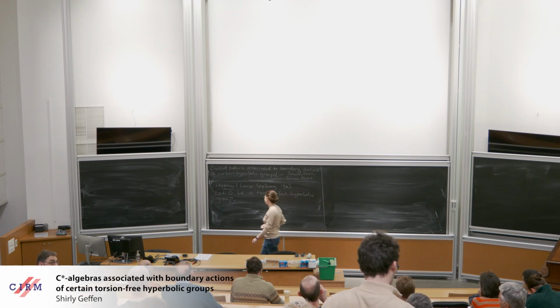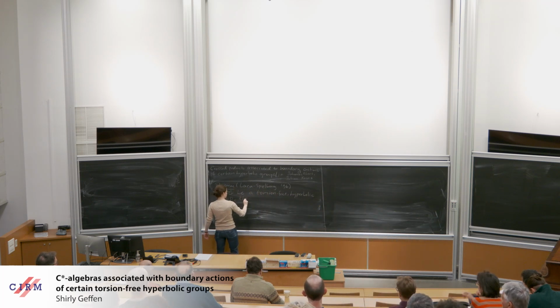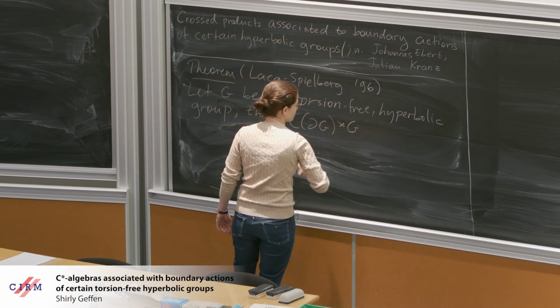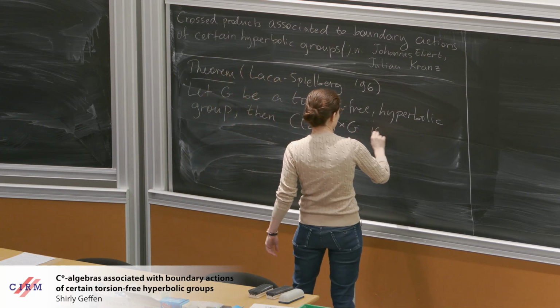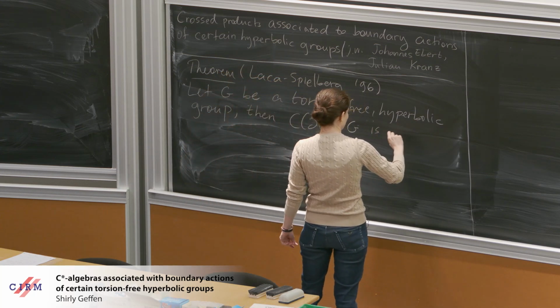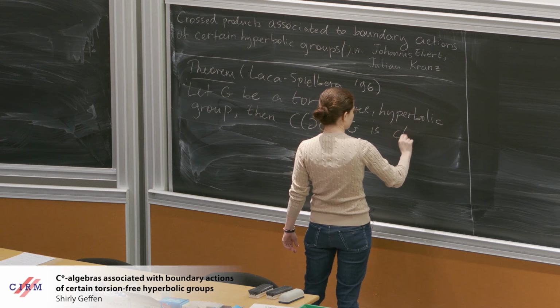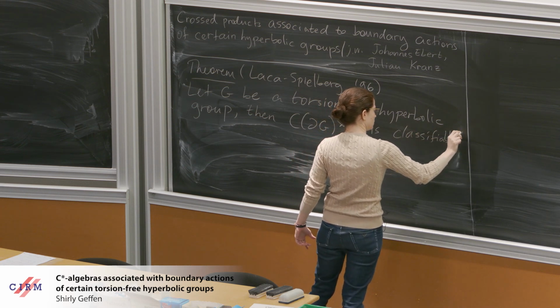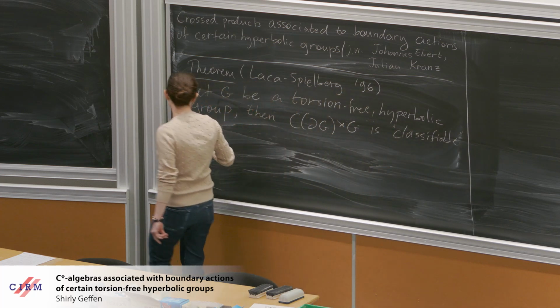So then the cross product C-star algebra is, if you like, classifiable by K-theory.